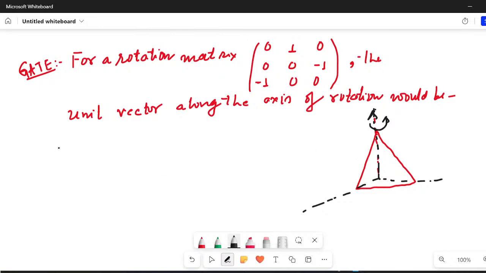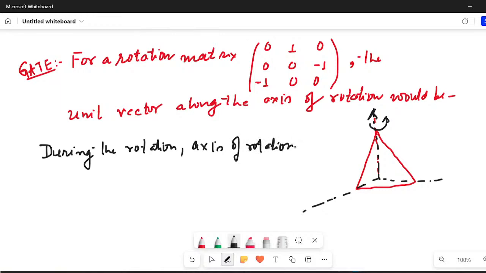During a rotation, the axis of rotation remains in the same place. Axis of rotation remains unchanged. Always remember this. So during the rotation, the axis of rotation remains unchanged.